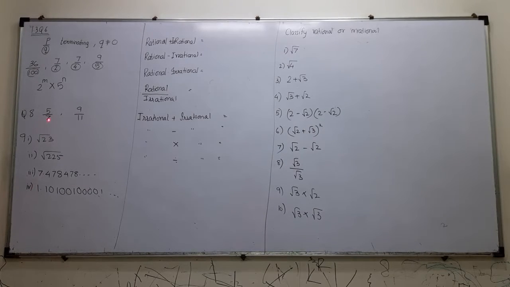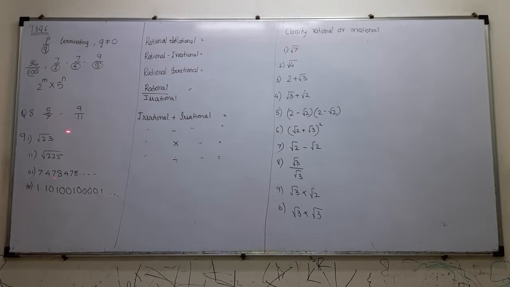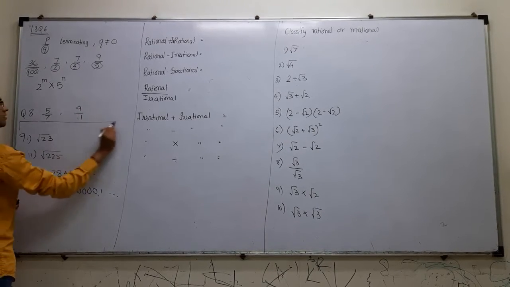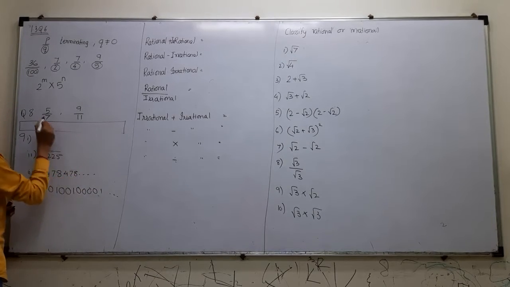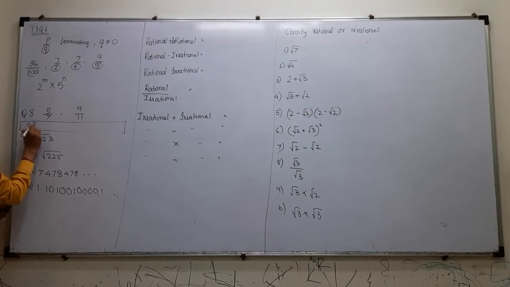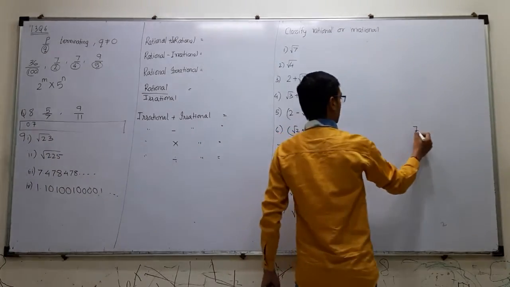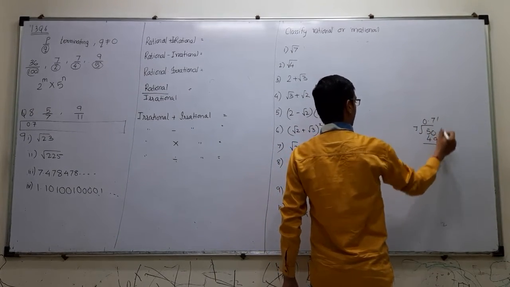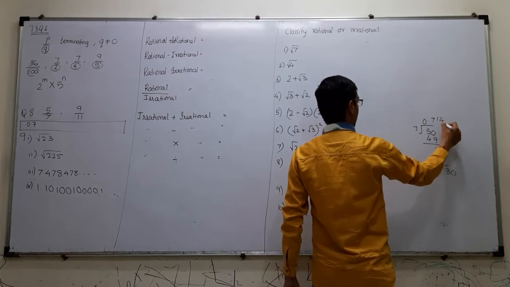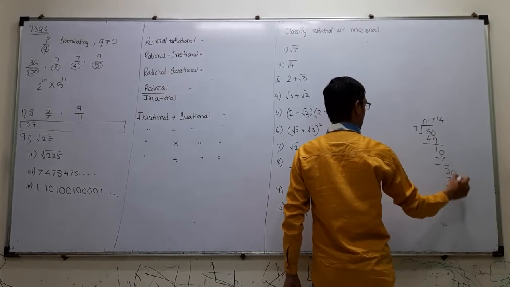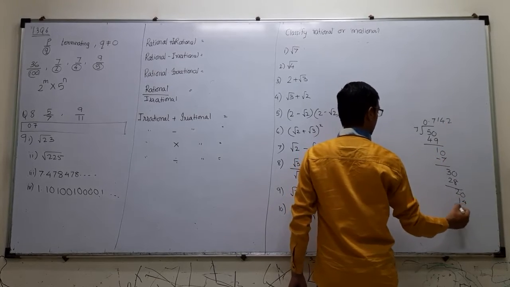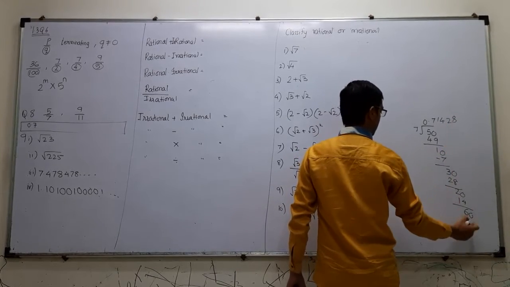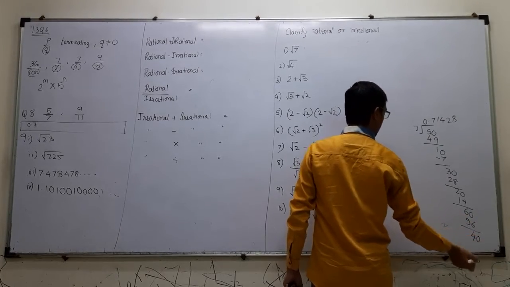You have to find irrational numbers between 5 upon 7 and 9 upon 11. To find irrational numbers, you can first divide. So if I divide, how much will I get? 7 sevens are 49, 1 0, 7 ones are 7, 3 0, 7 fours are 28, 2 0, 7 twos are 14, 6 0, 7 eights are 56, 4 0, and so on.